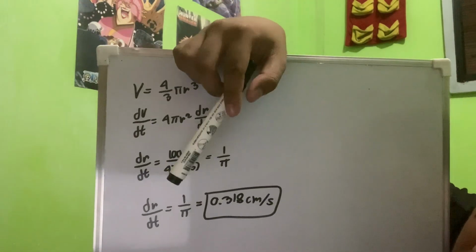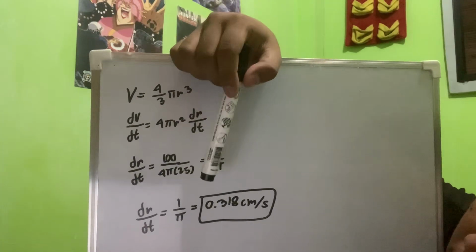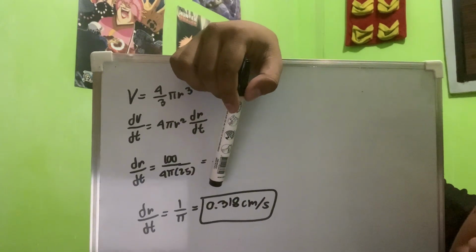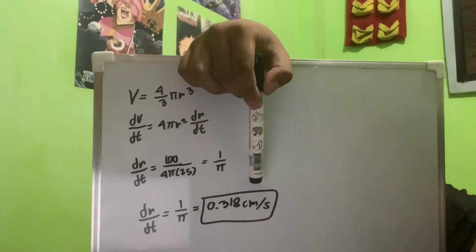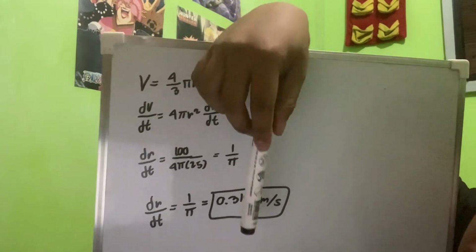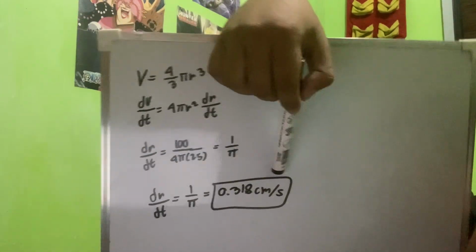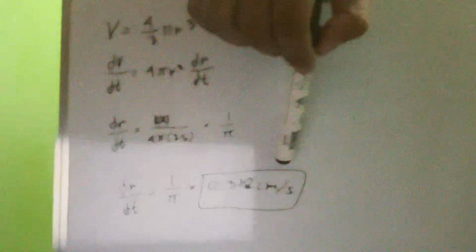So dr over dt equals 1 over pi, which equals 0.318 centimeters per second. So this is the answer of problem 19.